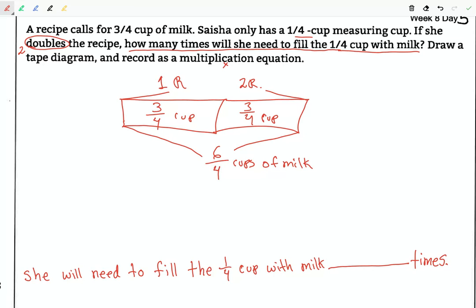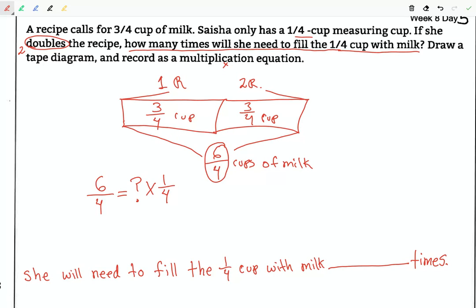Now, the question is not how much milk will she need to make the 2 recipes. The question is how many times. How many times will she need to fill the 1/4 cup with milk so that she can put all 6/4 cups of milk to make the 2 recipes? So in other words, it's asking me to put the total 6/4 cups. 6/4 is going to be how many times that 1/4 measuring cup?